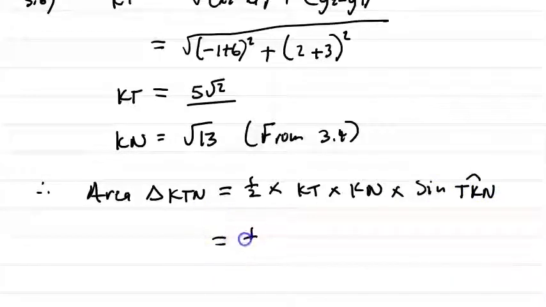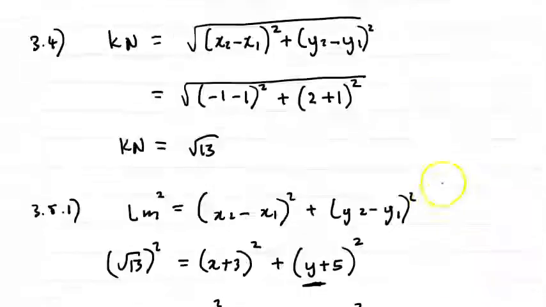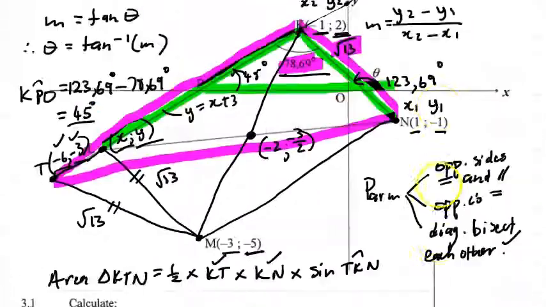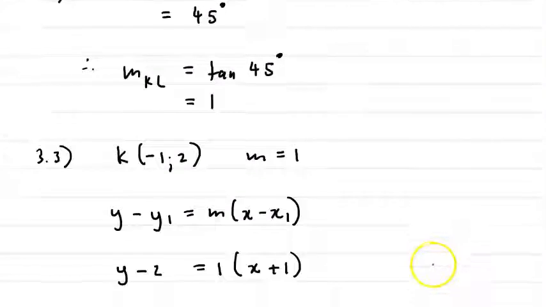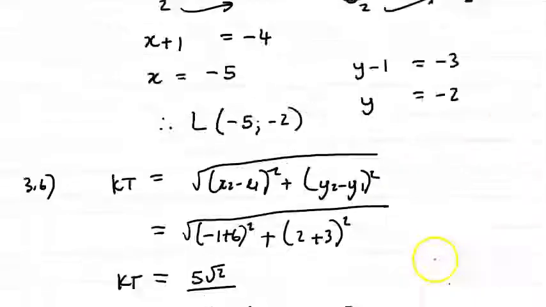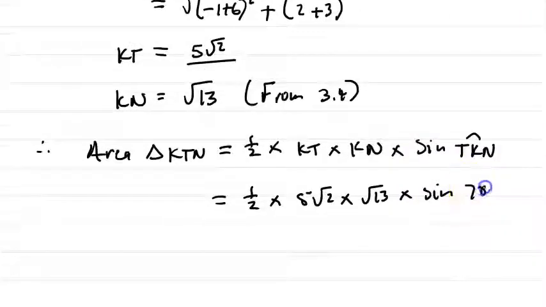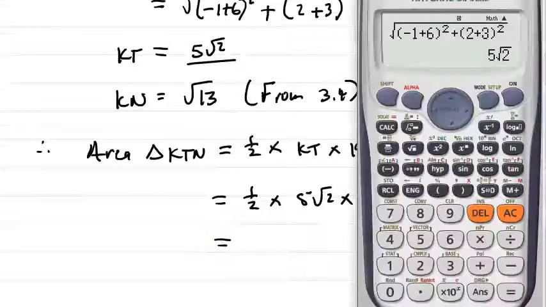So that will equal half times 5 root 2 times root 13 times sine of 78.69 degrees. Let's put that in our calculator.